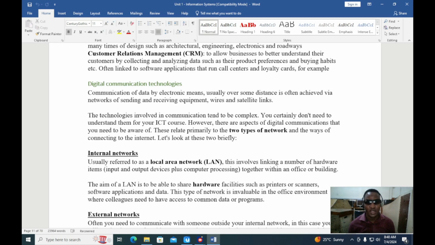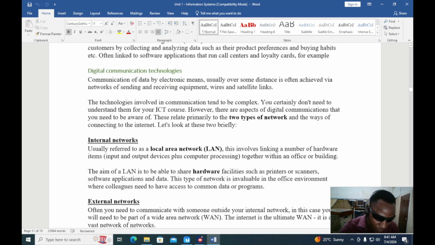These communication technologies are going to relate primarily to the two types of networks that are in use, and the ways of us connecting to the internet. So the two types of networks is all you need to understand, and what are the available ways that enable us to connect to the internet.